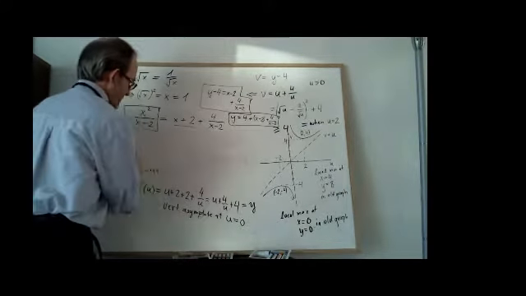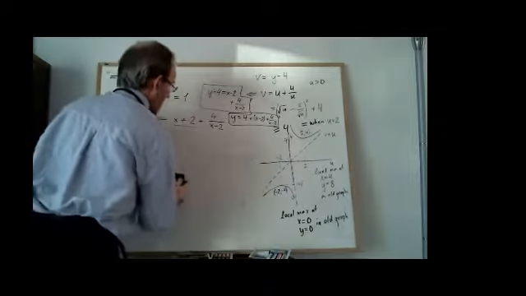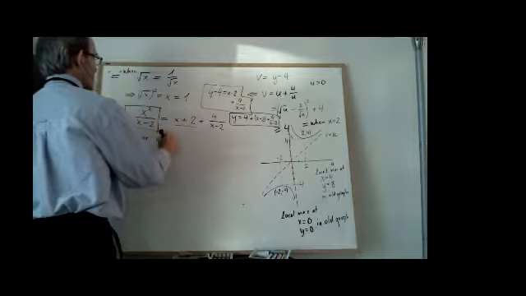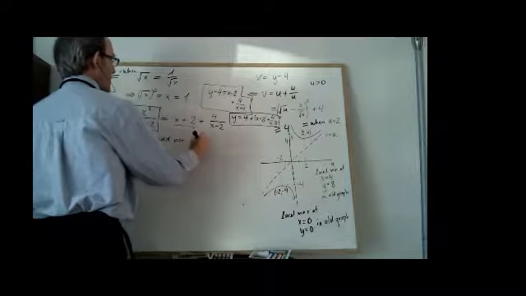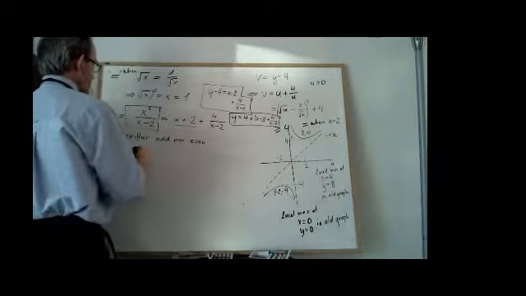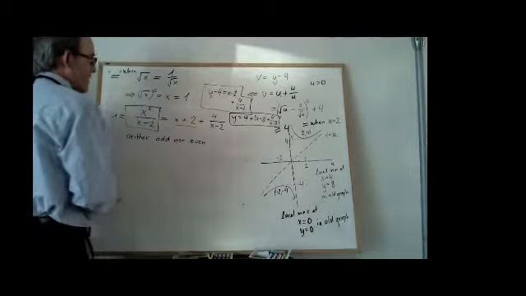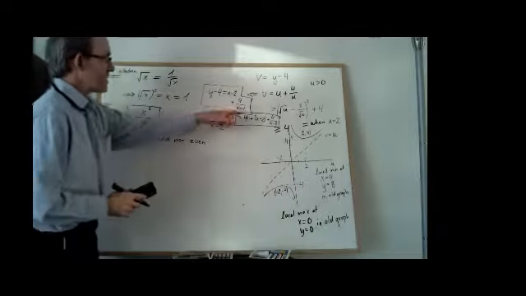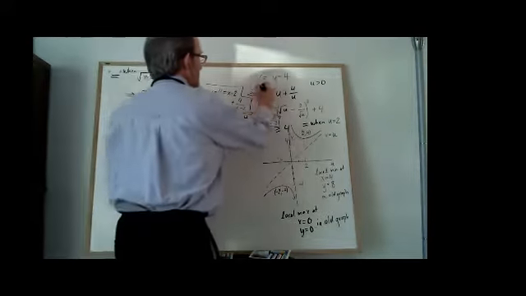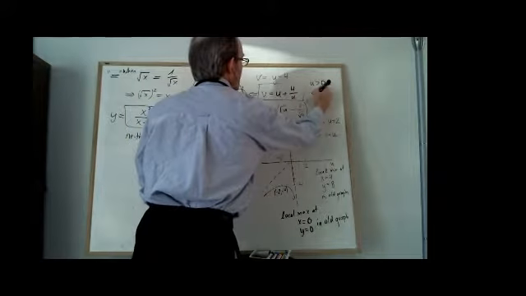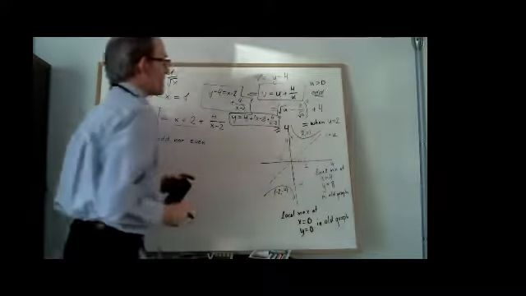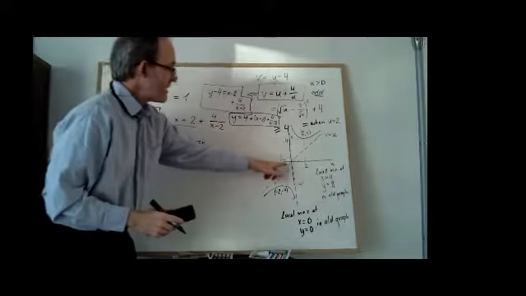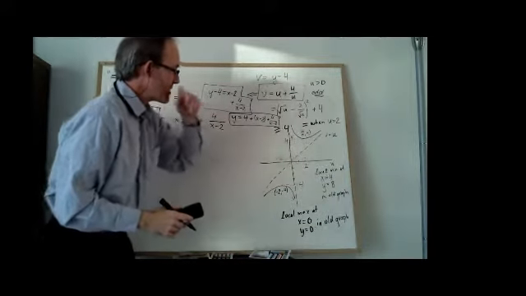Okay, but it is odd if you go to these variables. Okay, so I've shifted it horizontally and vertically, and then it's odd with respect to that choice of origin.